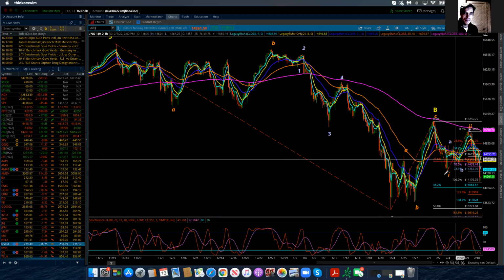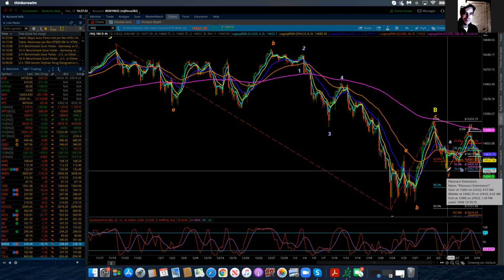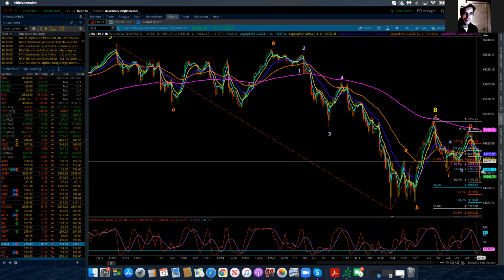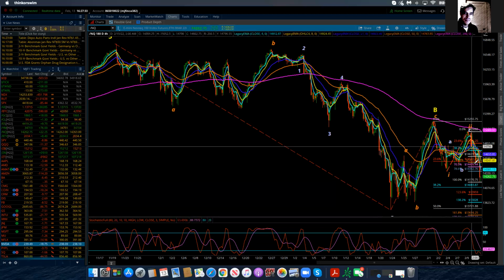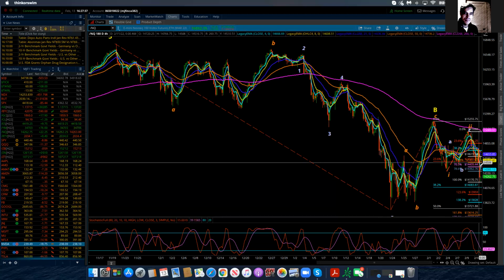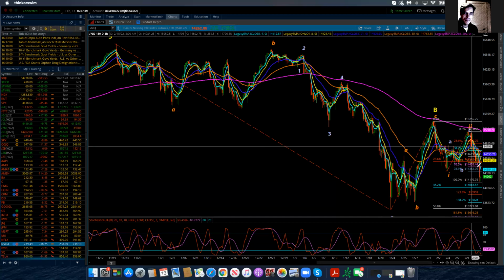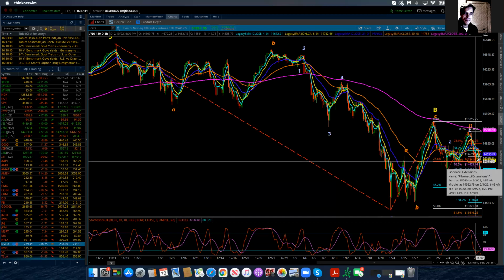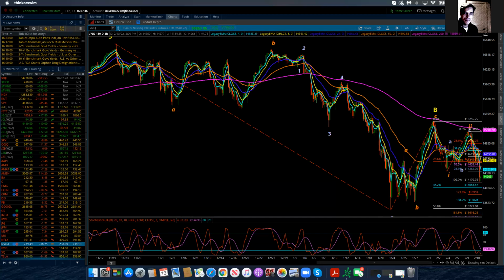And if that's the case, a move above 14,363 gives us a level up to 385, and that starts to push us towards this 14,500. Of course, we still have 14,435 as resistance. And then we have additional at 14,500 to 14,541. That is where the 4-hour 8 is sitting.